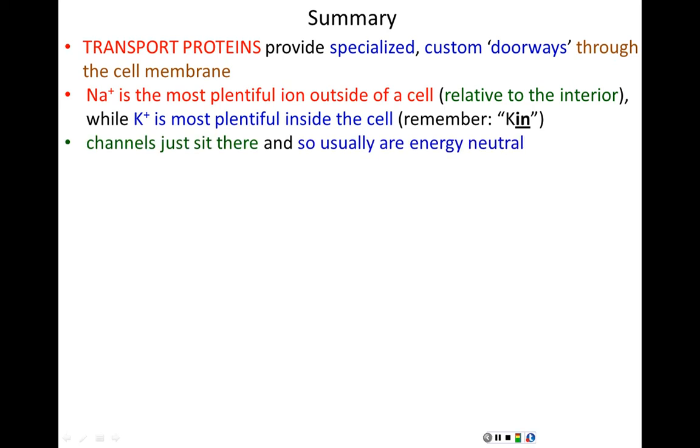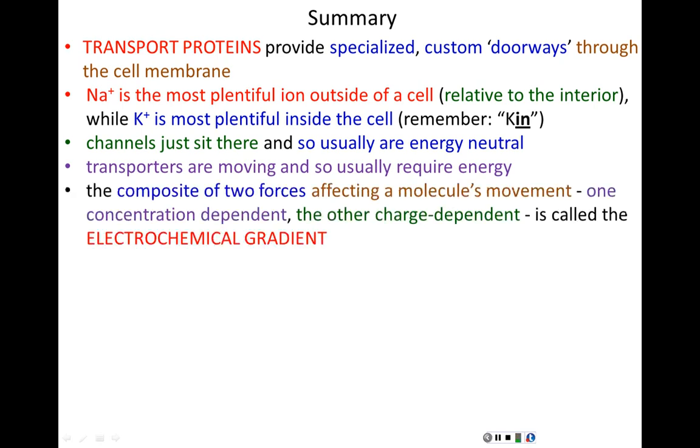Channels are usually electrically neutral. They just sit there. They truly are open doors or open trap doors where, when open, the right molecules can move through them. Whereas transporters have moving parts, and so they usually require energy in some form. There are two forces that work together affecting a molecule's movement across the membrane, or at least its desire to move.